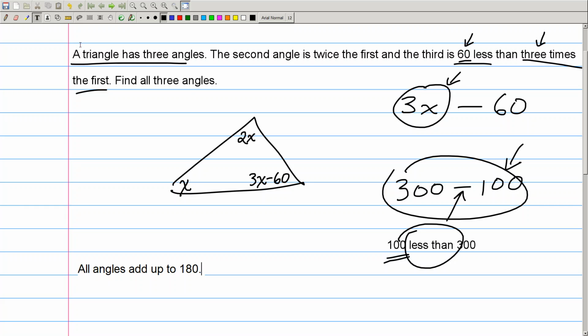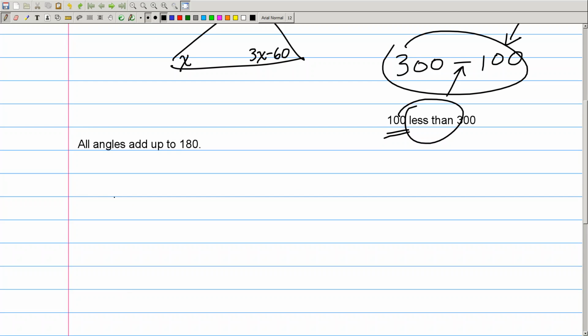If these are all algebraic expressions for angles, 2x, x, 3x minus 60, then we can set up our equation as follows. You can go x, that's the first angle, plus 2x, that's the second angle, plus 3x minus 60, that's the third angle. They should all total together 180.